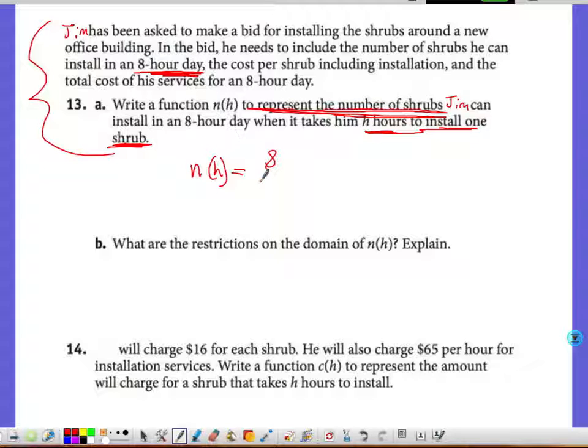You just take the total time I have, divided by the number of hours it takes me to install one, and that gives me the number of shrubs. That's it.